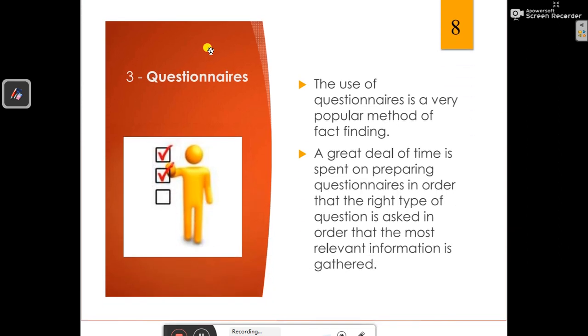Third one is the questionnaire. Now, the use of questionnaires is a very popular method of fact finding. In many cases, like in different fields of research and business, they try to gather information using questionnaires, but it takes some time.